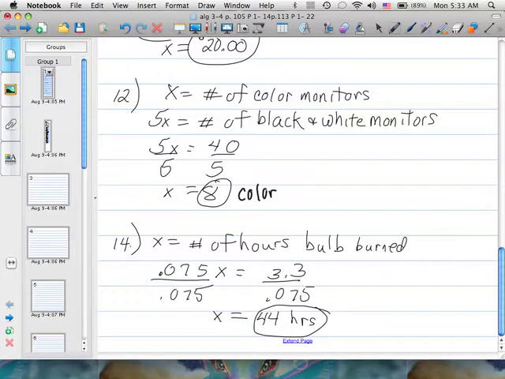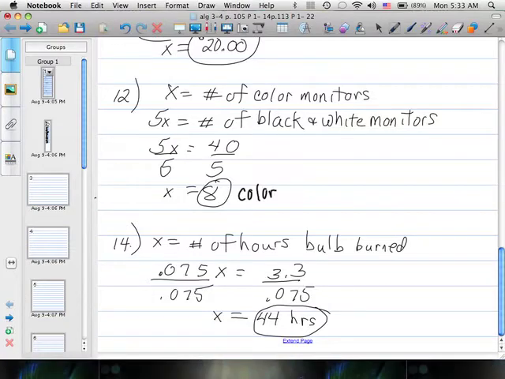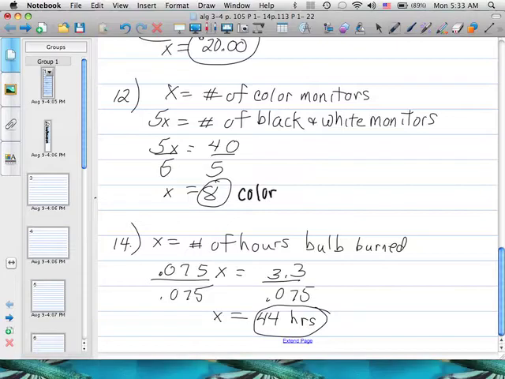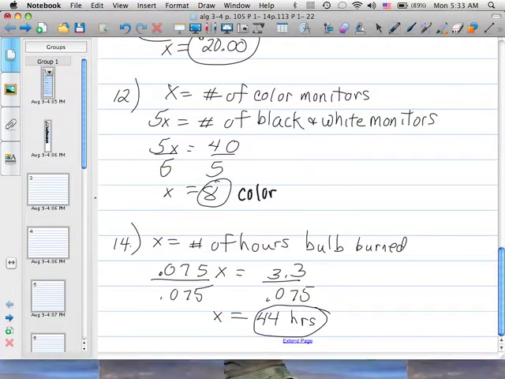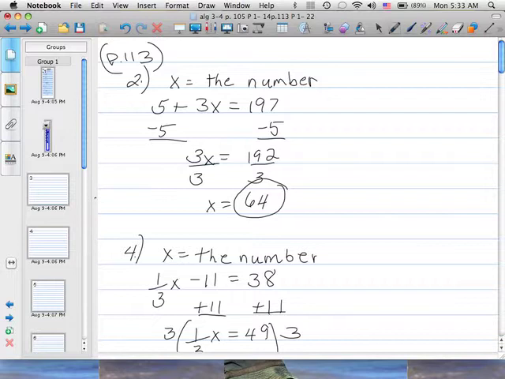And the last problem on this page, 14: a 75 watt bulb consumes 75 thousandths kilowatt hours of energy when it burns for 1 hour. How long was the bulb left burning if it consumed 3.3 kilowatt hours of energy? So x equals the number of hours the bulb burned.